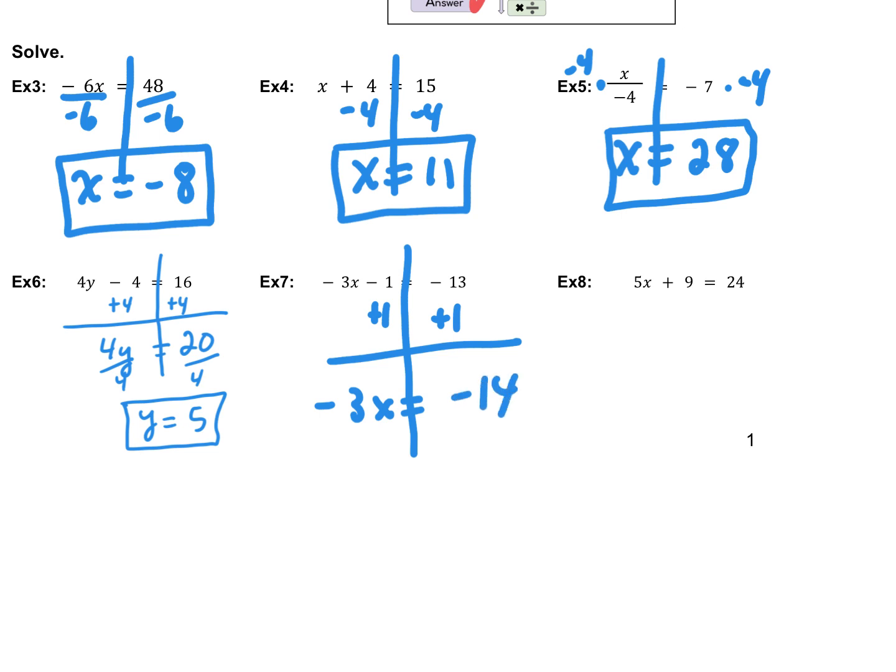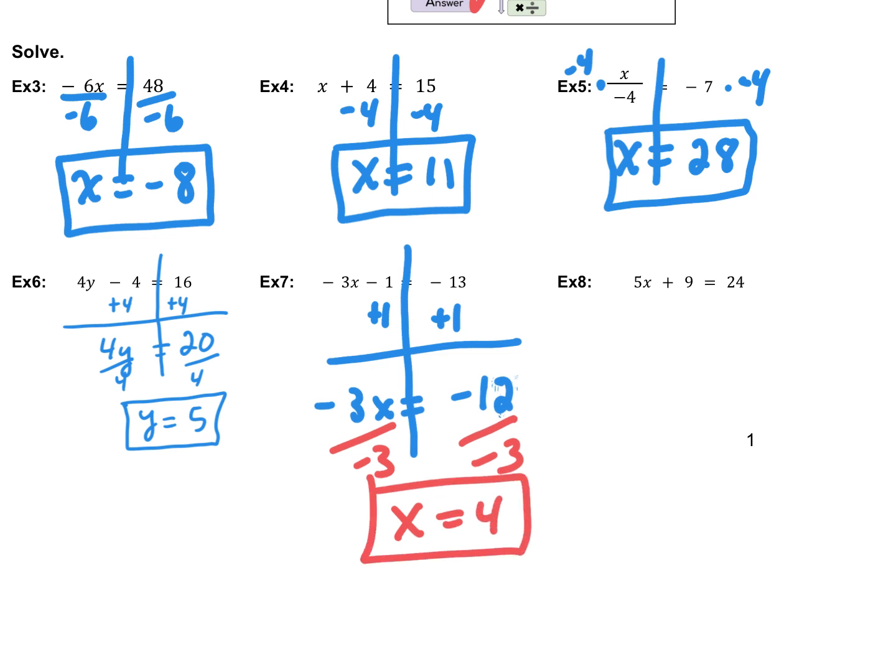-14, -12. And then you're going to see me erase again. Okay, so that's -12. Okay, so now I'm going to divide it by -3. So x is equal to 4. True.